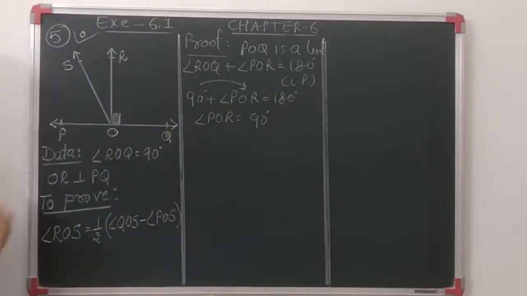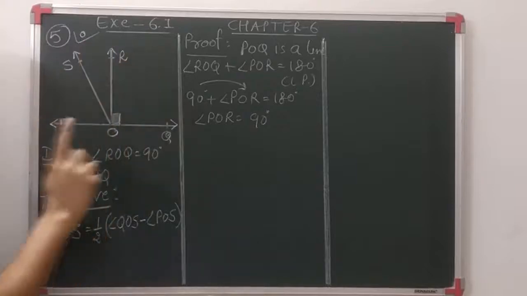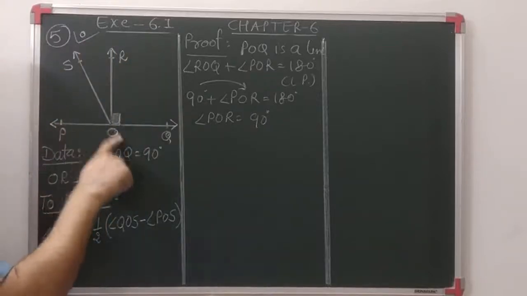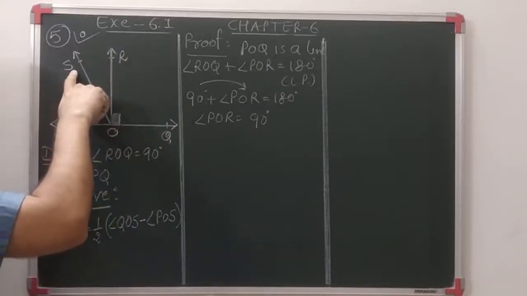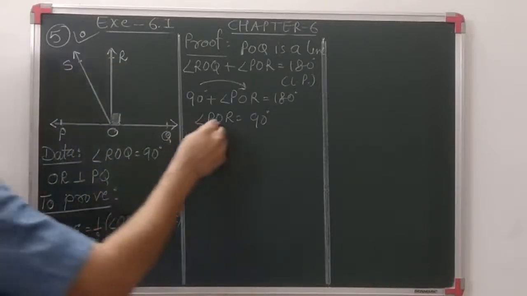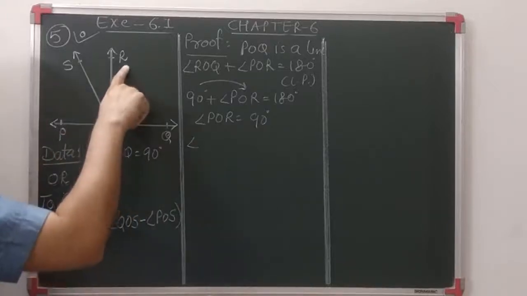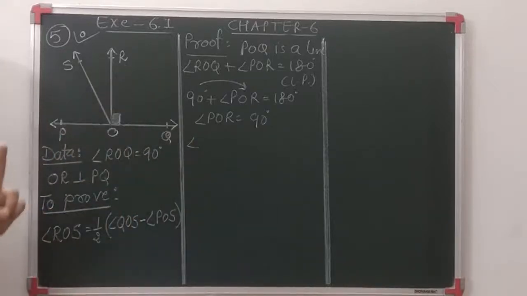Now if you look into the diagram, POR is formed from 2 angles. One is POS and another is ROS. So for this POR, वापस एक बार, POR वो 2 एंगल से बन रहा है. If you remember, we discussed adjacent angles.